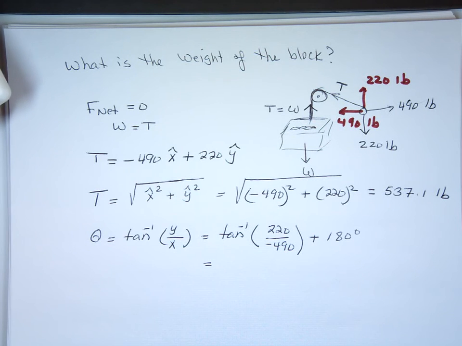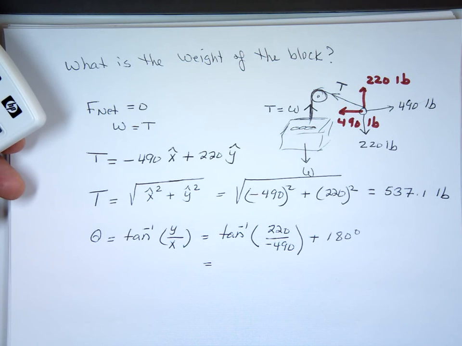I don't know how to make the angle negative here on this calculator. Let me see if I can find it. I have no idea how to make plus minus on this one. I don't see it.